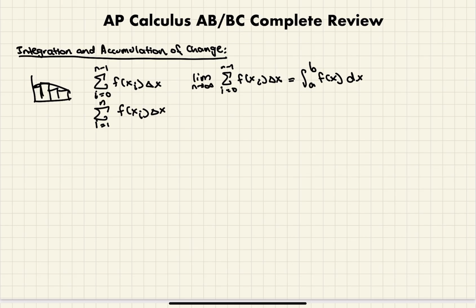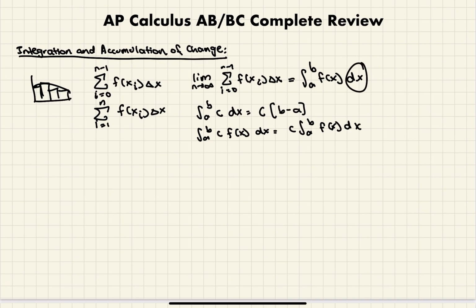There are some properties of the definite integral, namely that the integral from a to b of a constant c is equal to c times b minus a. So you just take the difference and multiply it by that constant. The integral from a to b of a constant times a function, you just take the constant out. And don't forget this dx, that's always important every time you have any type of integral.